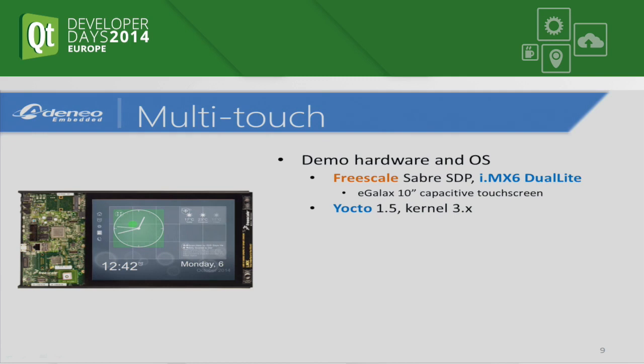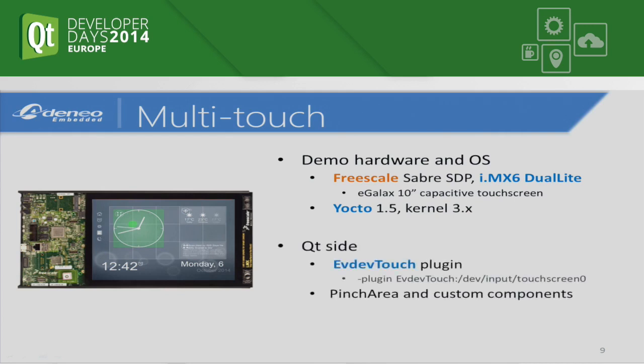Here, with people at Adrien, not me, because I'm really not an expert on low-level Linux, one guy installed the right driver on the right board with the right Linux to have it work, and then handed me the board and said, okay, it works. I said, thank you. And the distribution is Yocto, 1.5 or 1.6, so Daisy or Dora, I don't remember, with a kernel 3-something.